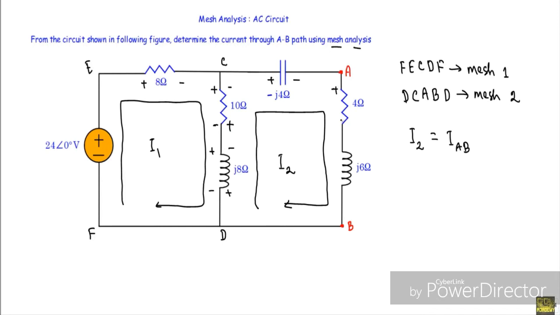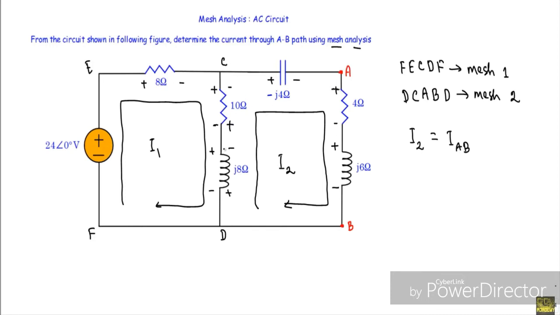So this side will be positive according to current I2, this side will be negative. This side will be positive according to I2, and this side will be negative. The indication of polarity is similar to the indication of polarity in case of DC circuit analysis using mesh analysis. So don't get confused with that.